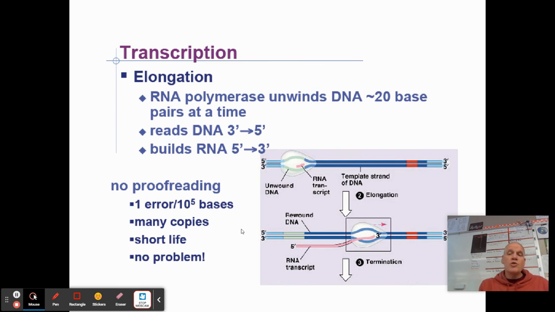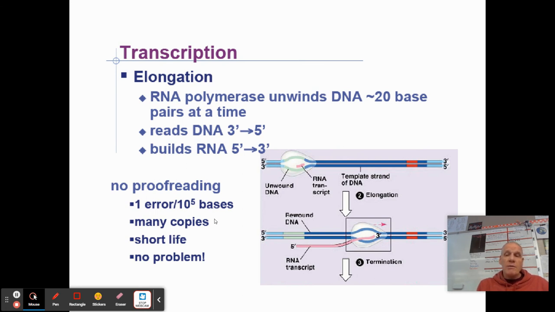DNA polymerase, during DNA replication, proofreads and ensures a faithful copy of the DNA. Yes, mistakes are made, but very few, like 30 for every 3 billion base pairs. RNA polymerase lacks the proofreading ability, and so it makes an error in about every 100,000 base pairs. So it can make a lot of mistakes.